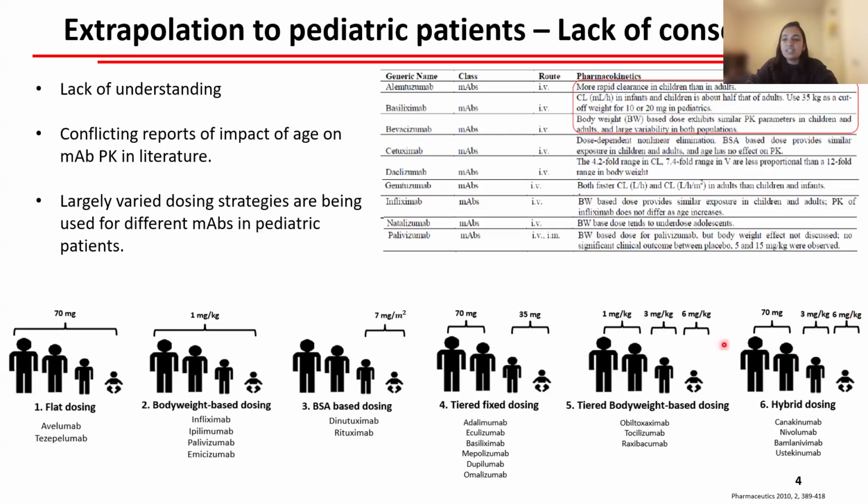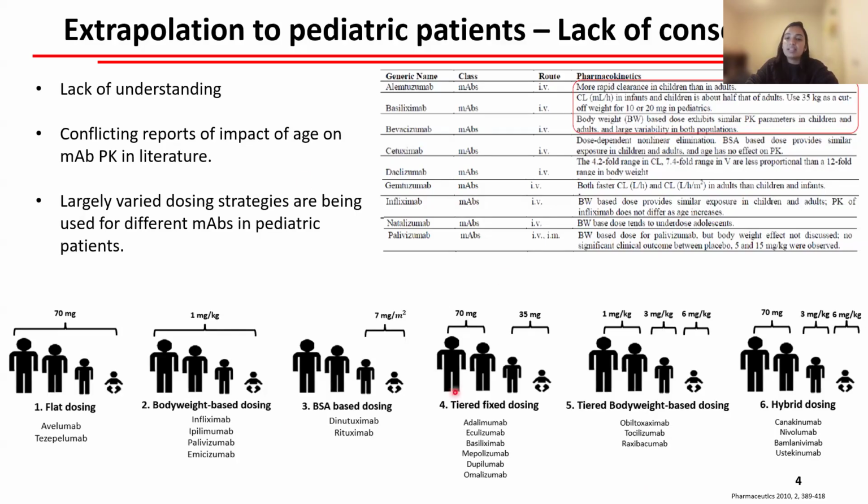Overall, there is no single universally accepted pediatric dosing strategy for antibodies, and dose selection is usually guided by the available clinical data, the therapeutic window of the given antibody, and also the expected impact of body size and developmental physiology on the drug exposure.